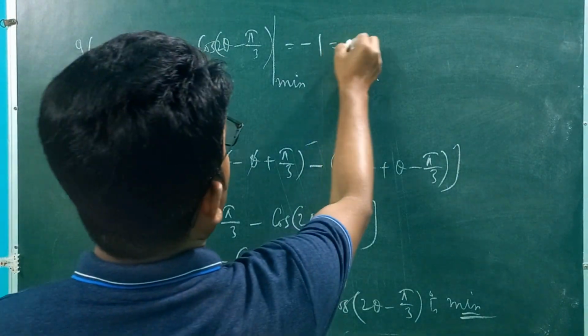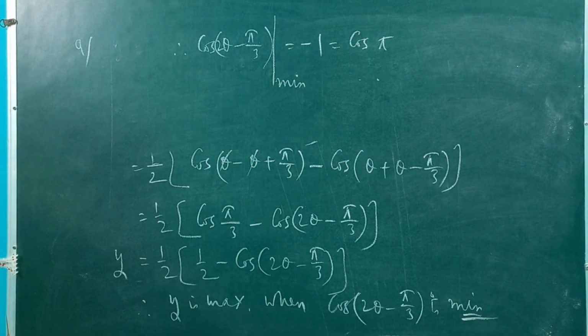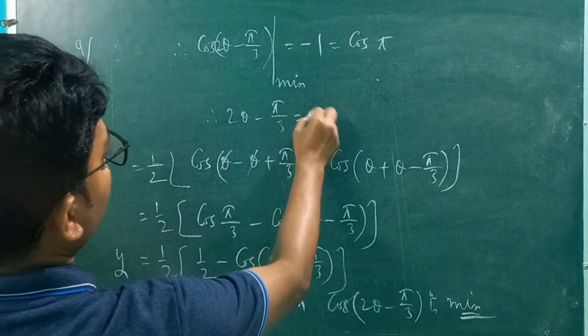Now you know minus 1 means cos pi, that is cos 180. The value of cos 180 is minus 1. Therefore 2 theta minus pi by 3 equals pi.